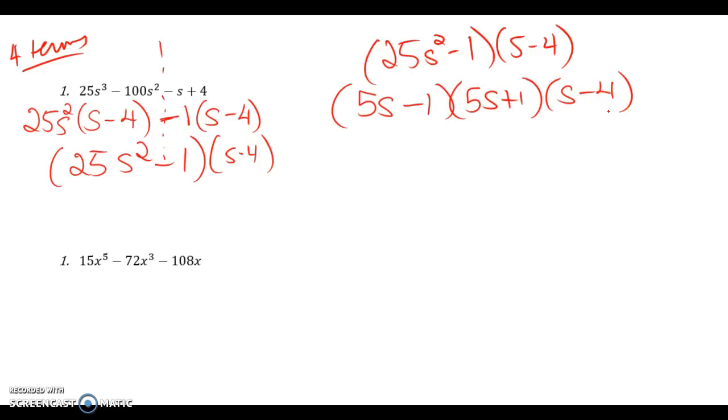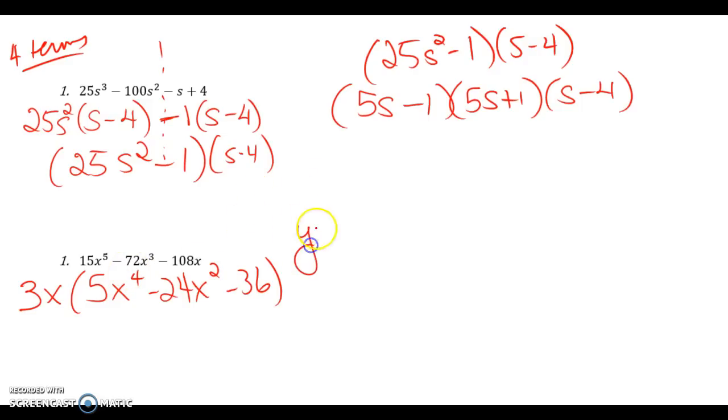Okay? The next one. Again, our go-to is you have to see if there's a common monomial factor. And in this case, we can pull out a 3 and an x. And what we have left is 5x to the 4th minus 24x squared minus 36. All right, well, I have 3 terms. I think I can treat this as a quadratic. Let's say I substitute y anywhere I have x squared.